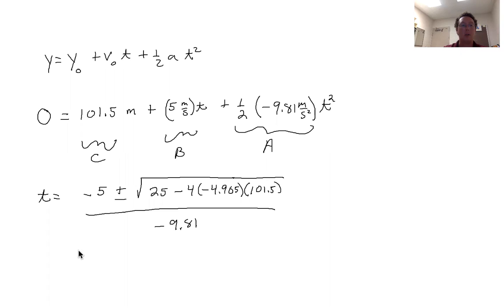My two options are t equals negative 4.07 seconds or 5.09 seconds. Now, both of these solve the quadratic equation, but only one of them makes physical sense.